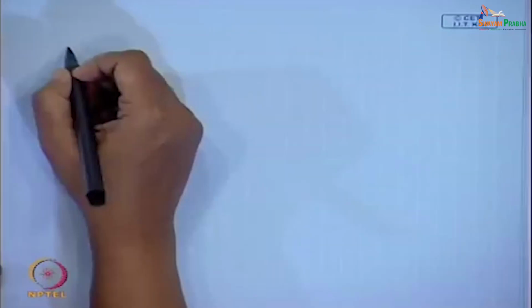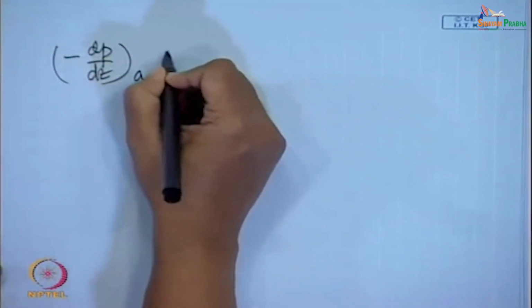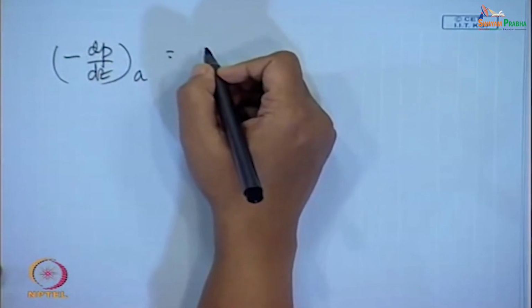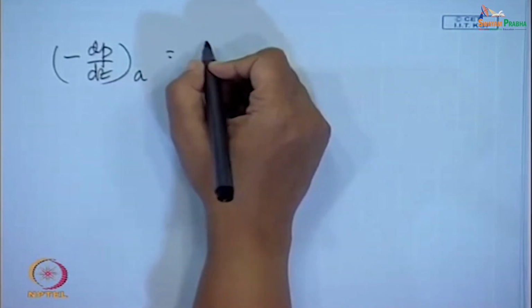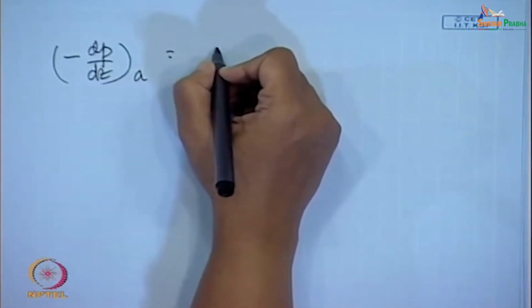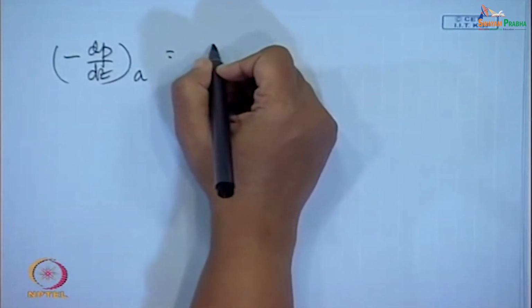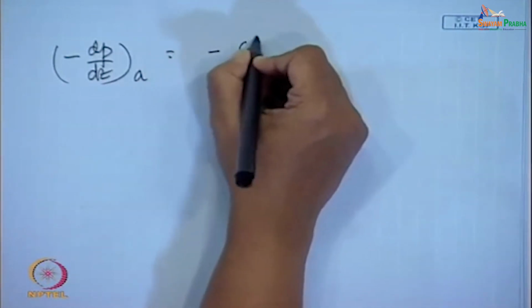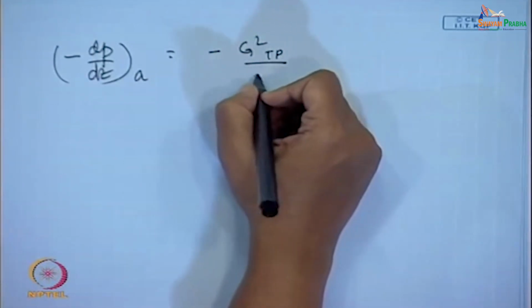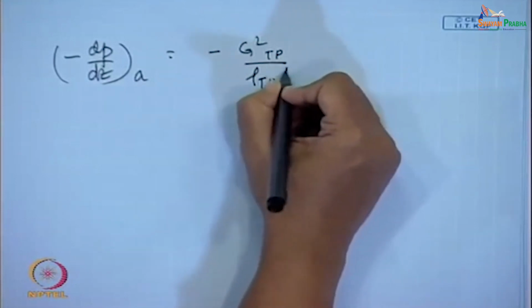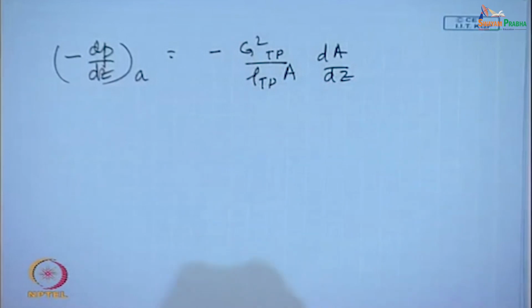From this situation, what we get is, specifically equal to minus G square Tp by rho Tp A dA dz, isn't it?